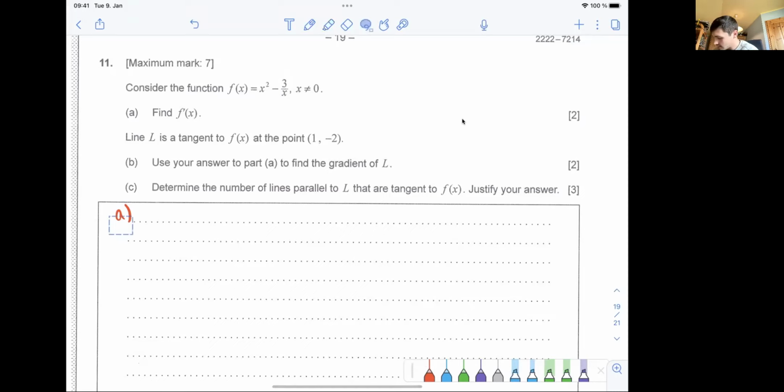The way we're going to do that is write f(x) = x squared minus 3x to the power of negative 1. The indices law I use there is that when you raise a number to the power of, say, 2 to the power of negative 1, this is equal to 1/2.